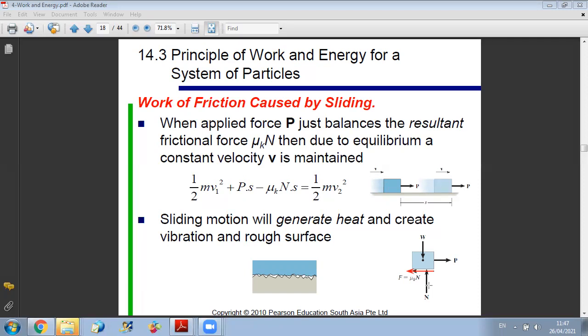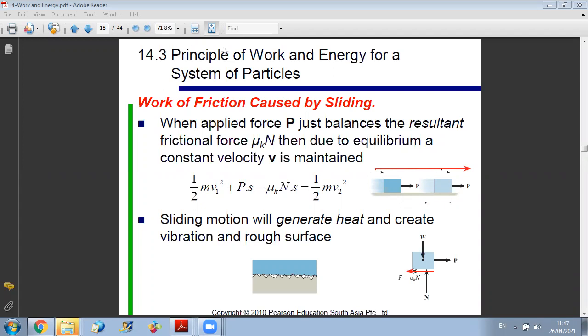Now, in case you want to apply here the principle of work and energy, you will apply it in the direction of motion. The direction of motion is the horizontal. Since I want to apply it along the horizontal, then I have that the sum of work between state 1 and 2 is equal to the summation of work of all external forces.